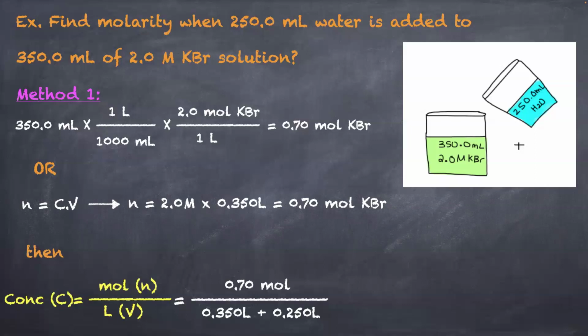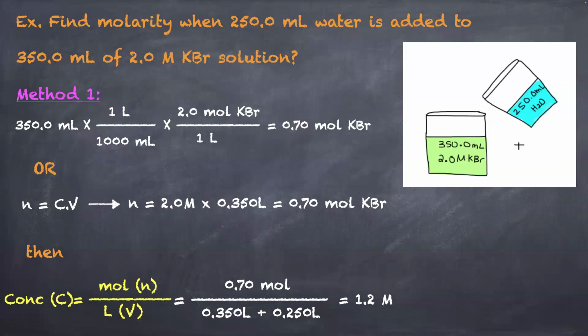Once we divide these two values by each other, we end up getting the new concentration. As we said before, because we're adding more volume to the solution, the concentration should go down. That's how dilution works. Our initial concentration used to be 2 molar, and now it's ending up being 1.2. So because of adding water, we ended up getting a lower concentration.